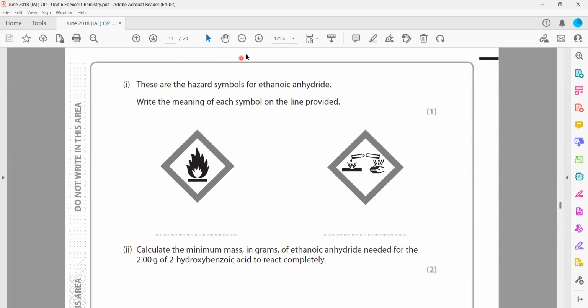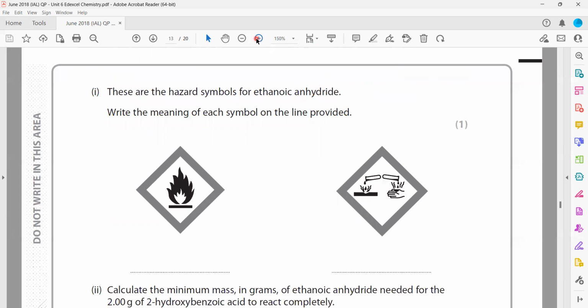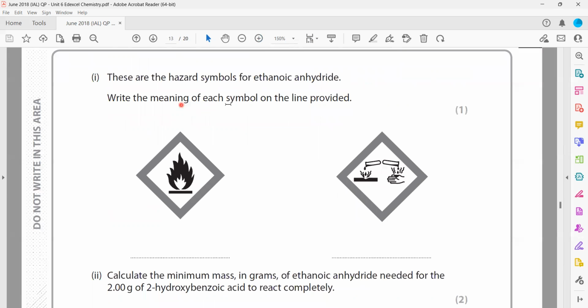These are the hazard symbols for ethanoic anhydride. What is the meaning of each symbol? So first thing, there is a small difference between combustion and oxidation. If they say oxidation, there will be an O here. But if a compound is flammable, it can catch fire.